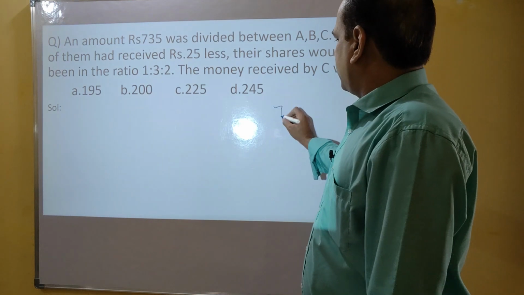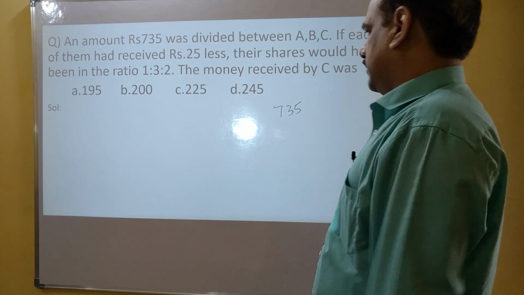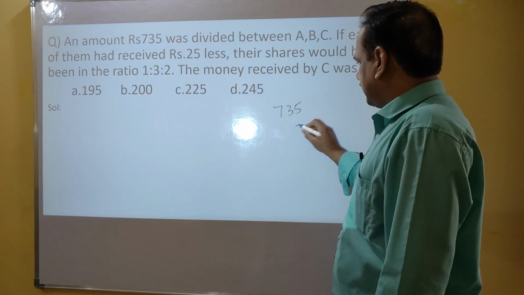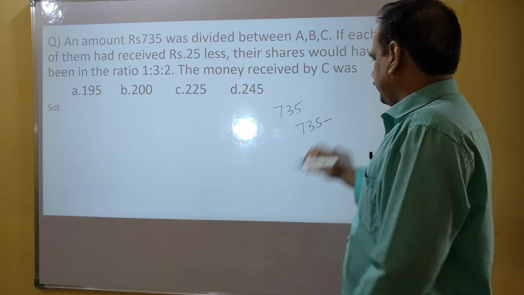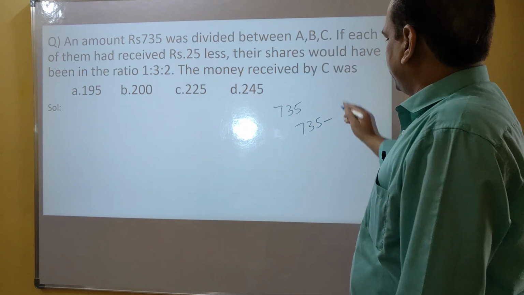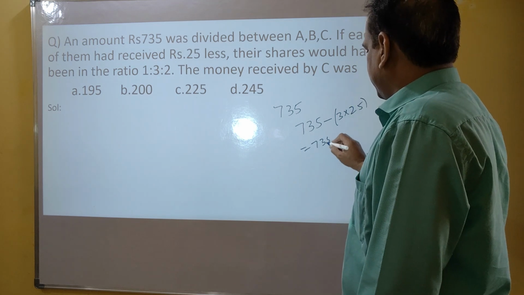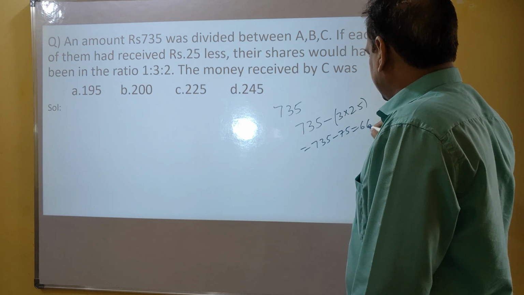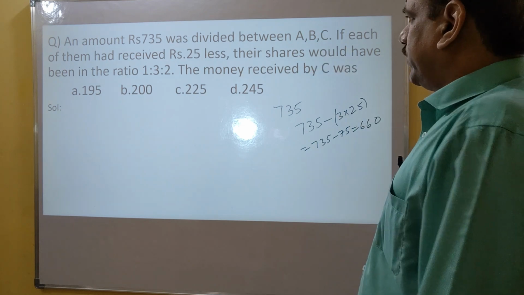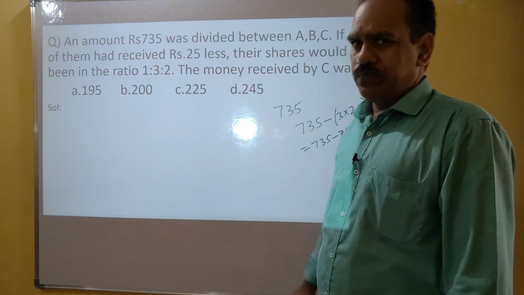Now 735 rupees was divided between A, B, C. If each of them had received 25 rupees less, that means A gets 25 less, B gets 25 less, C gets 25 less, totally 3 into 25, which is 75. 735 minus 75 is 660. If each of them receives 25 rupees less, then the amount becomes 660 rupees.